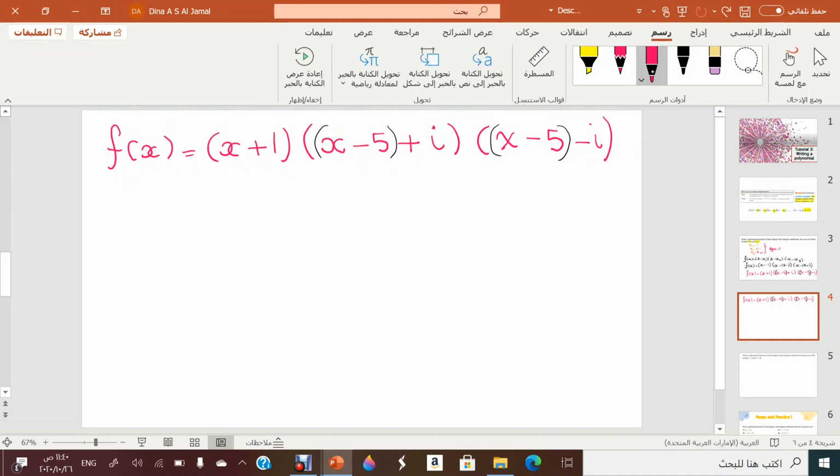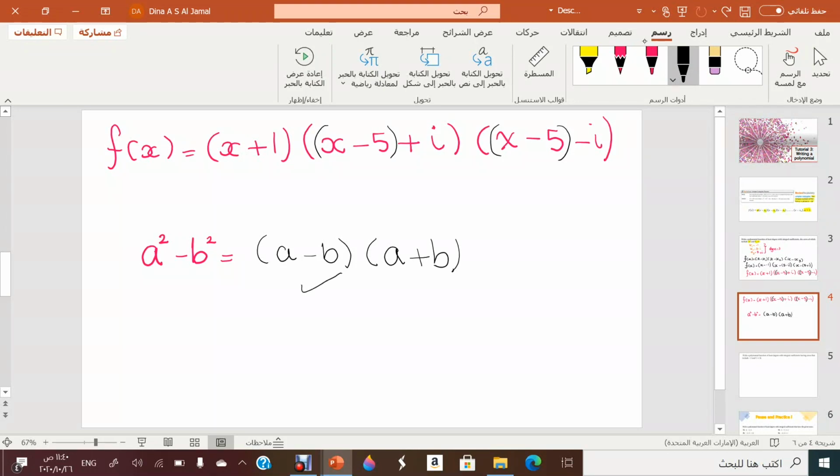So let me remind you of one of the characteristics of factorization. Whenever you have a squared minus b squared, think how you can factorize it. It is a minus b, the difference between two squares, a plus b.